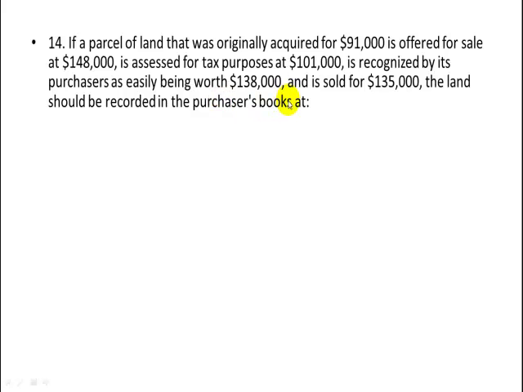All right, we got all kinds of numbers here, so what is the correct answer to put down on the purchaser's books for this land? Should it be for tax purposes, for market value, for what?